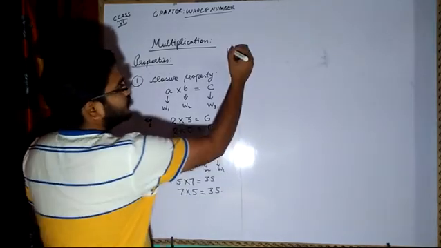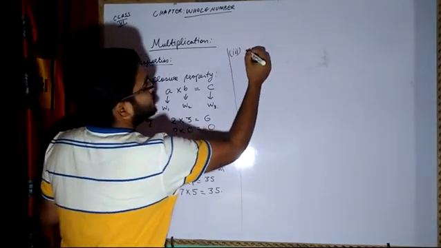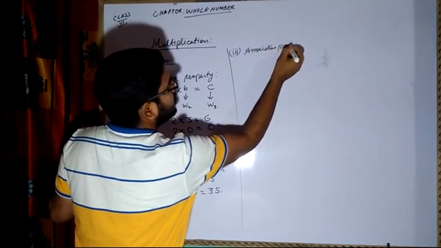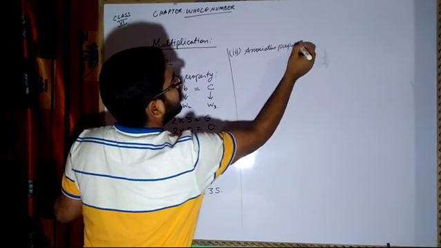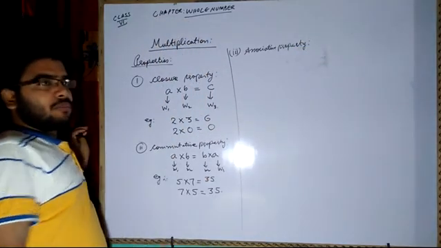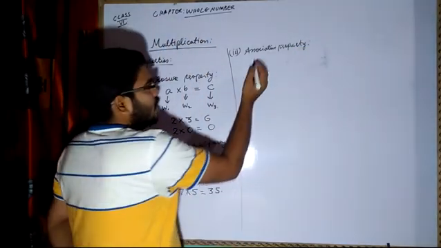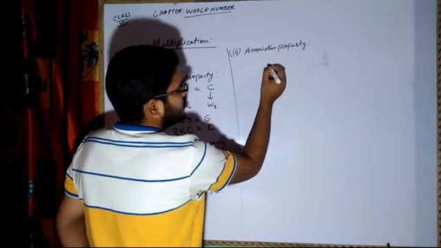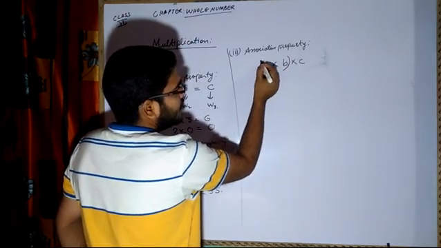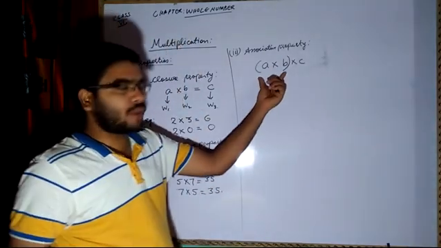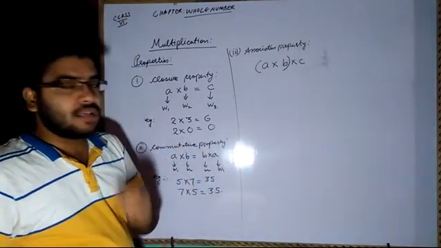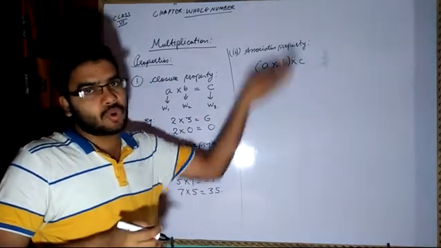Now the third property is the associative property. I have already discussed this in addition. The associative property says, let's take three numbers A, B and C. If I bring two together and leave the third number aside, as I told you in the case of addition, two friends are brought together and the third one is called in the market.